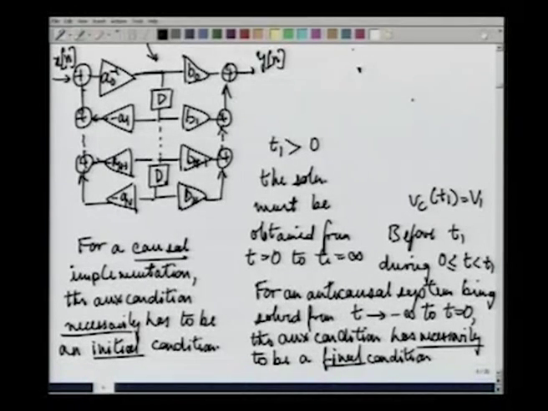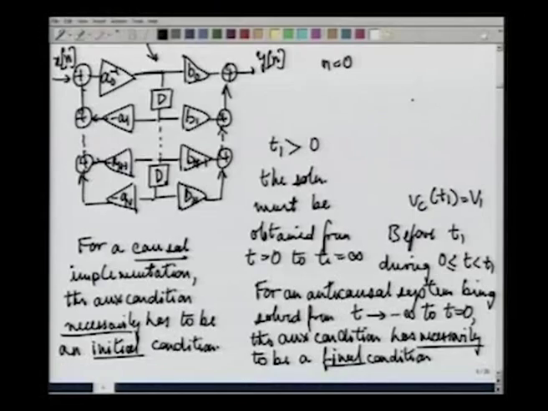At n equal to 0, these amplifiers do not take any time to compute. What will we get as y n? Let us just take a look.